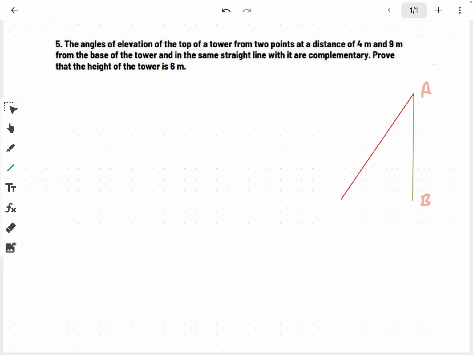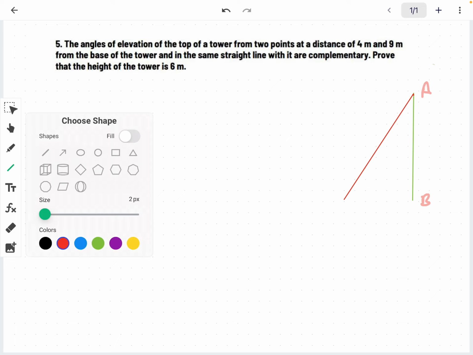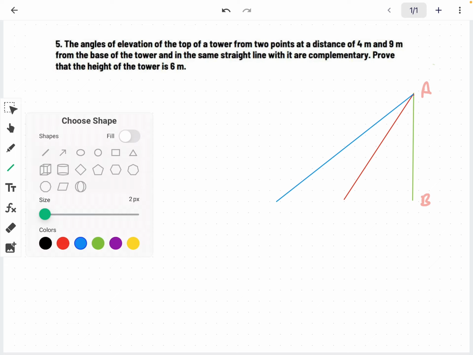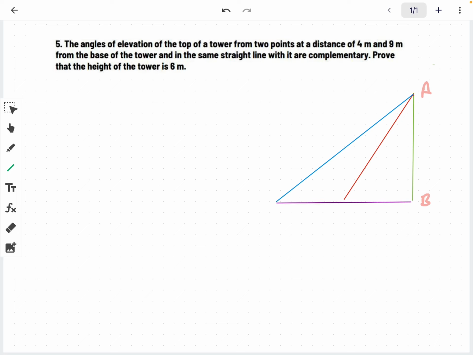So this is the first point on the bottom, and let us consider the second point from the bottom. It is mentioned in the question that the distance from the bottom of the tower to the first point is 4 meter.